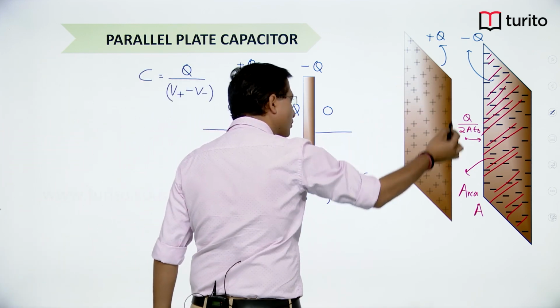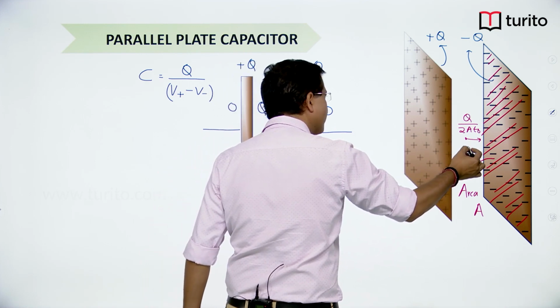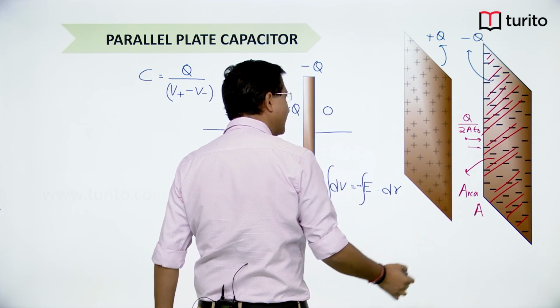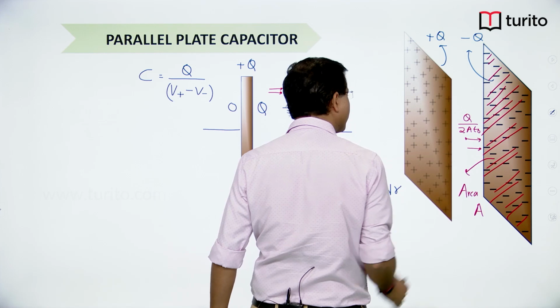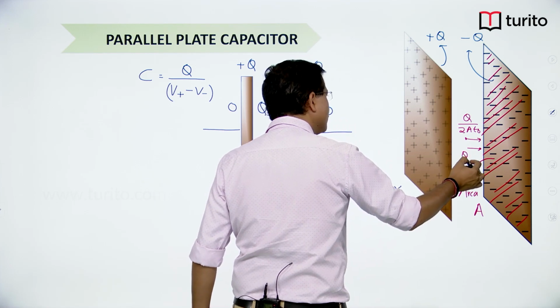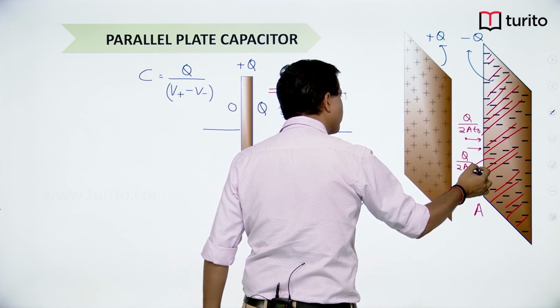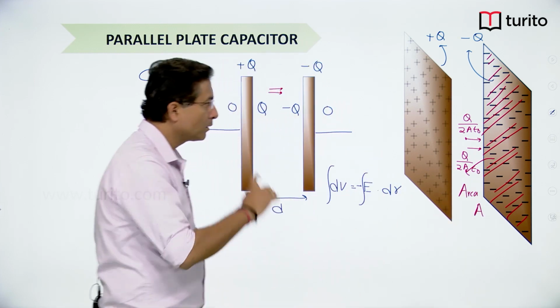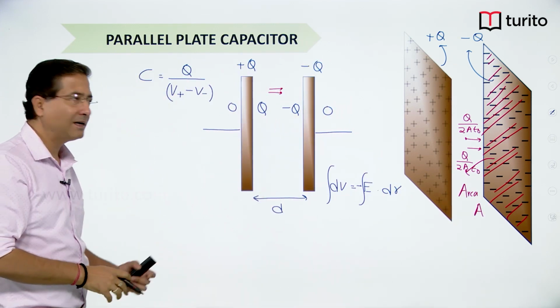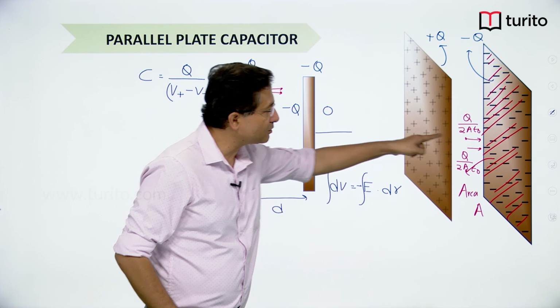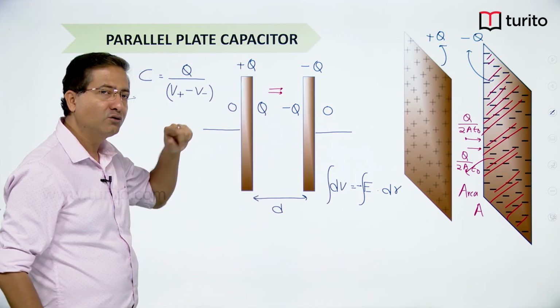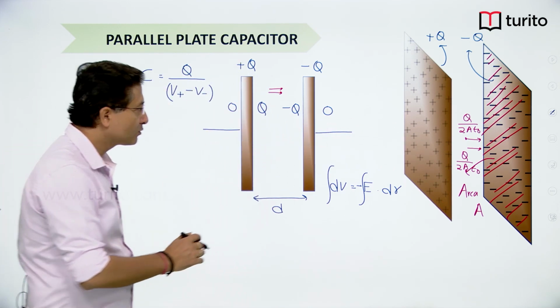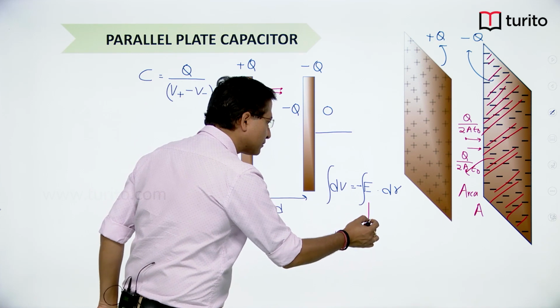Similarly, because of this positive charge, the field will be away from the distribution, and the value will be Q upon 2A epsilon naught. So, the net field at this particular point will be Q upon A epsilon naught.